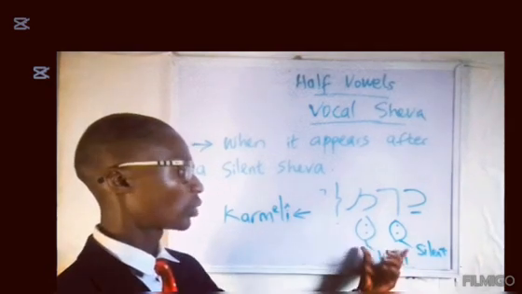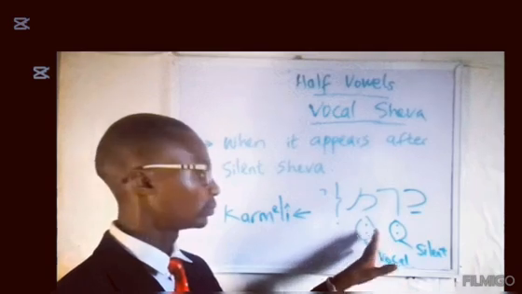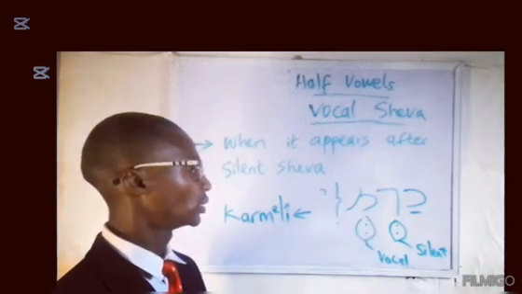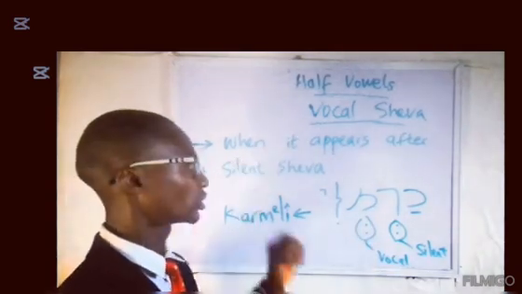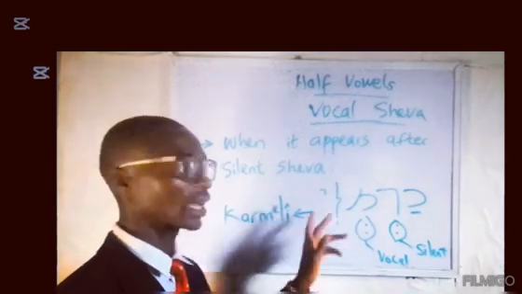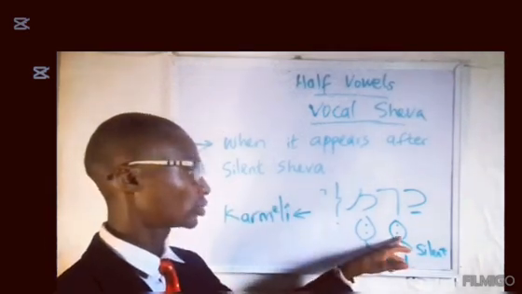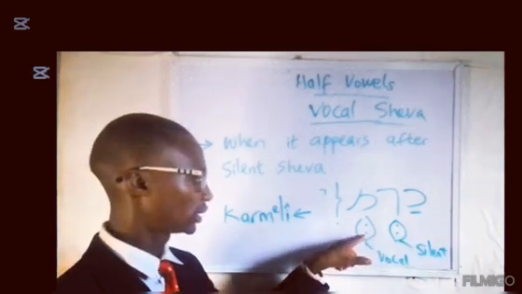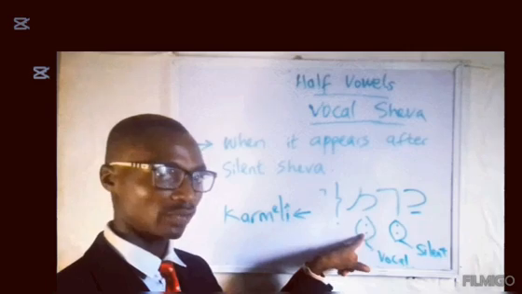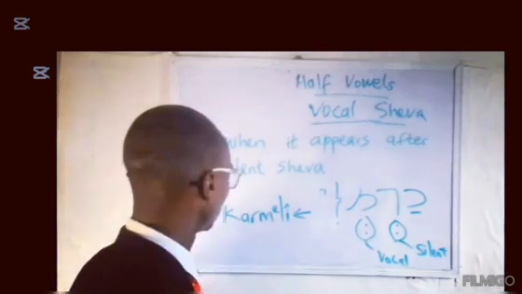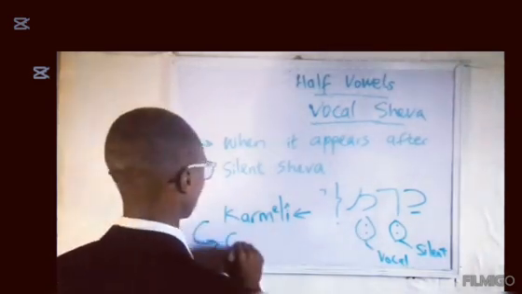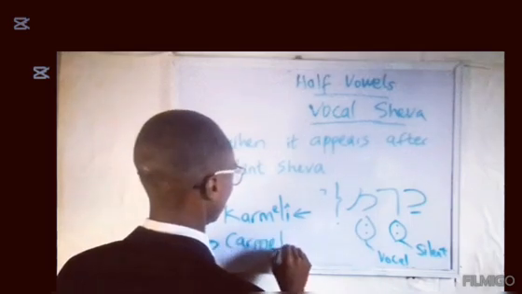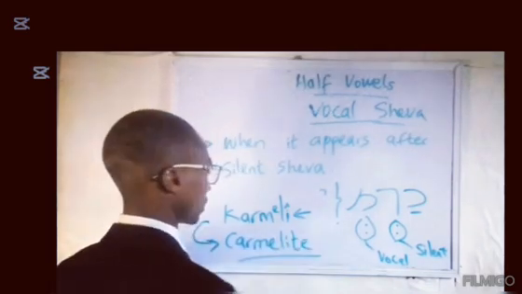Now in this part we have two Shebas and the instruction says once one appears after the silent Sheba, first the silent and then the vocal. So this is Avoka Sheba. So the word we have in English as Amelite.